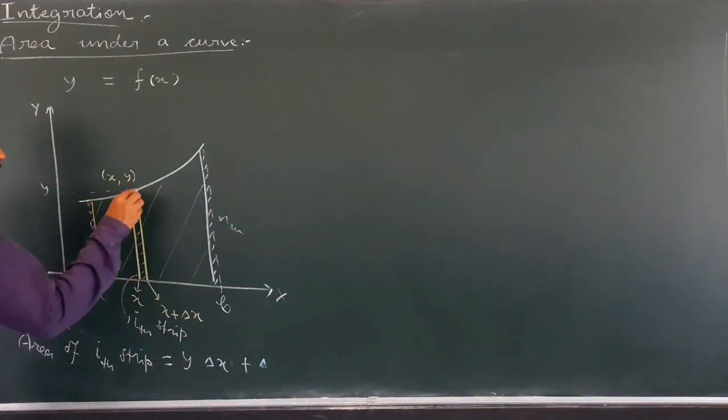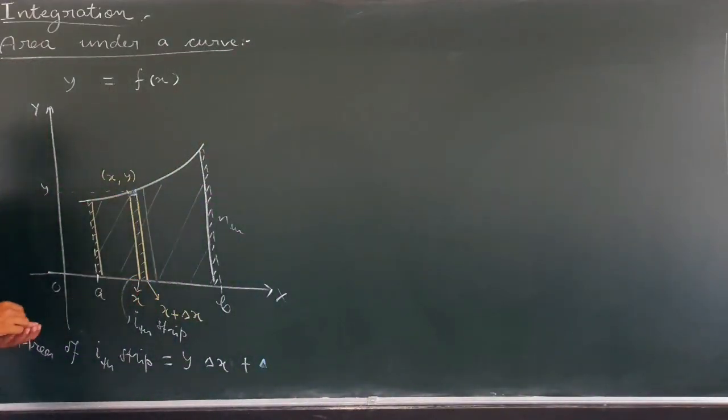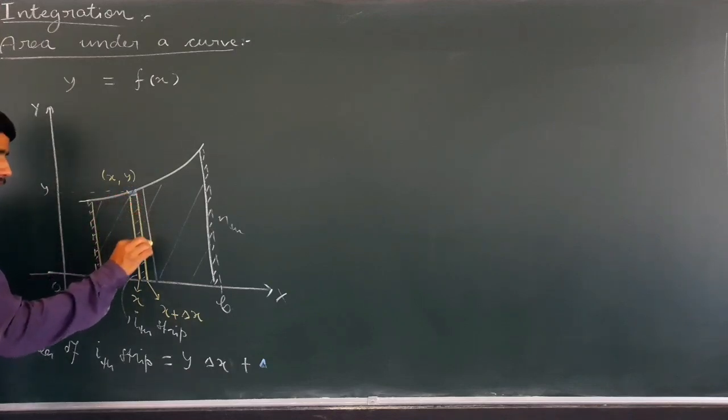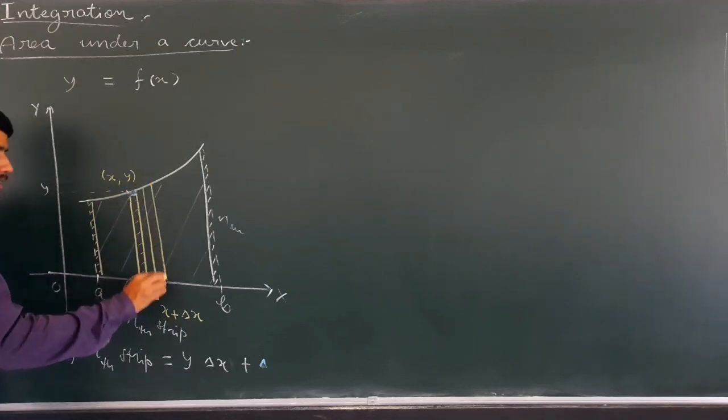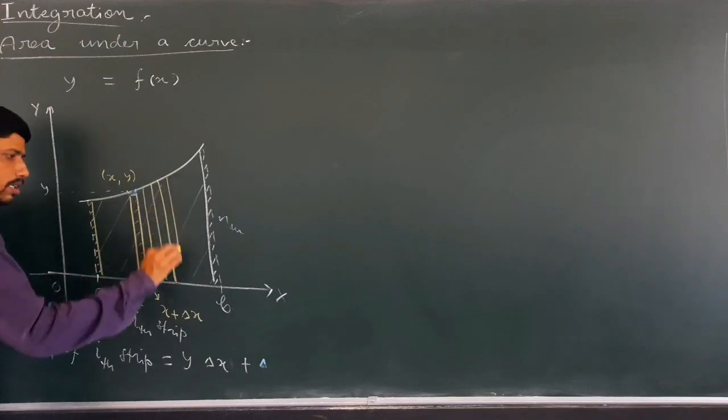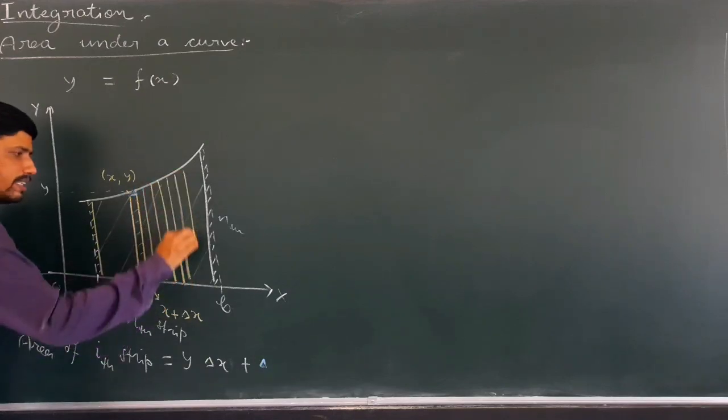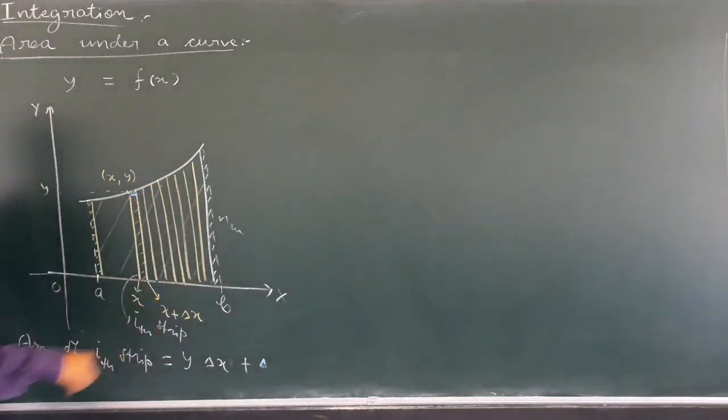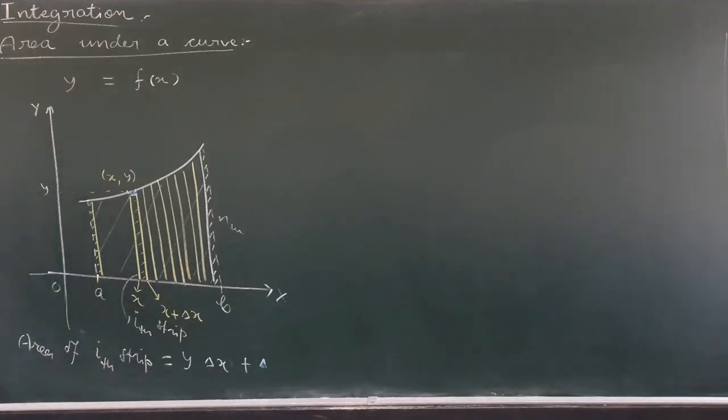Likewise, we will find the strip adjacent to this one, then next one, then next one, and we shall find the area for each of these strips, and we will go on adding them. After adding all the areas of all the strips, we should get the area under the curve.